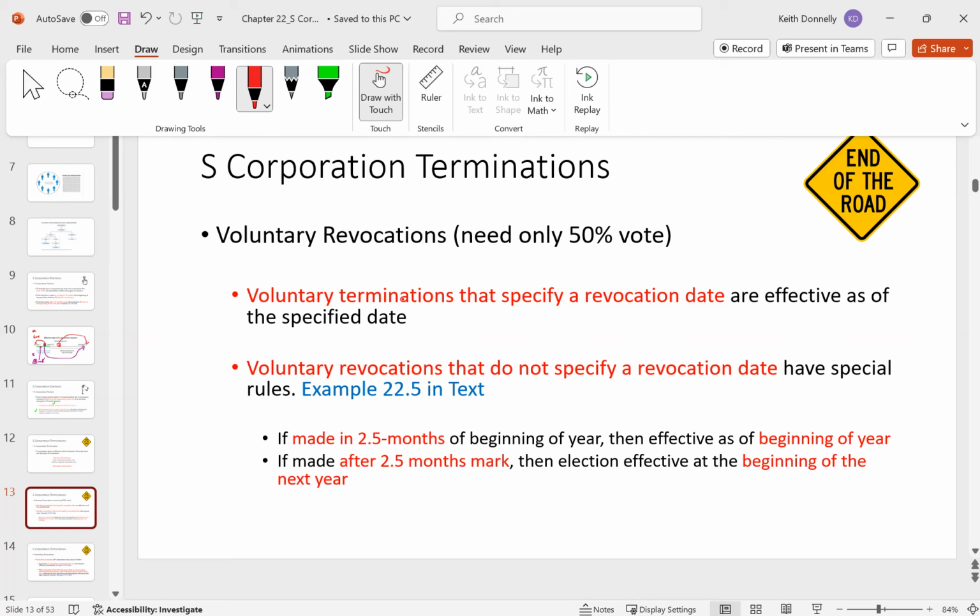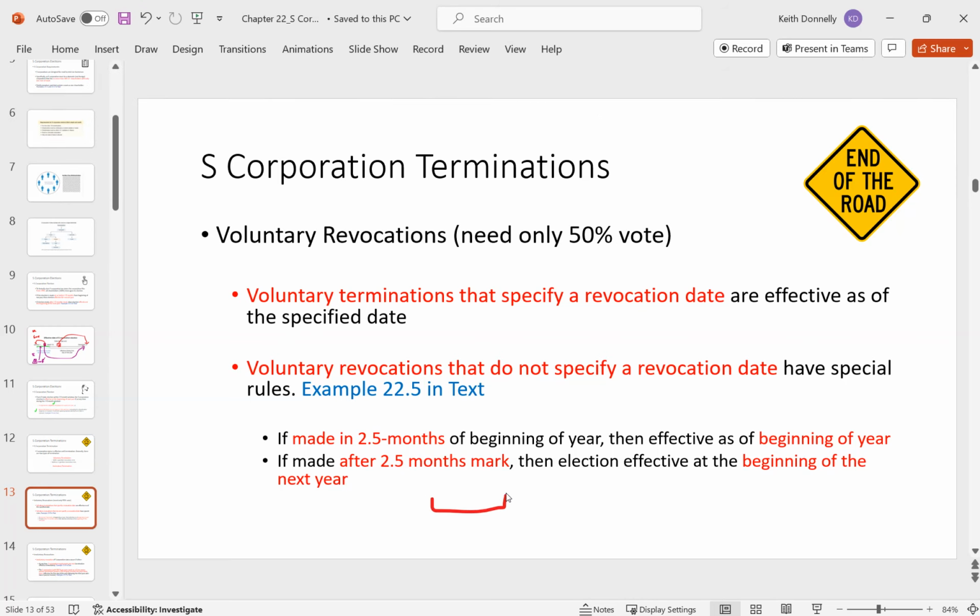So what does this mean? This is just those rules we just saw. If you make the election in that first 2.5 months, in this case a voluntary revocation where you don't specify the revocation date, they're going to punch you back and say, over here is when you terminated it.